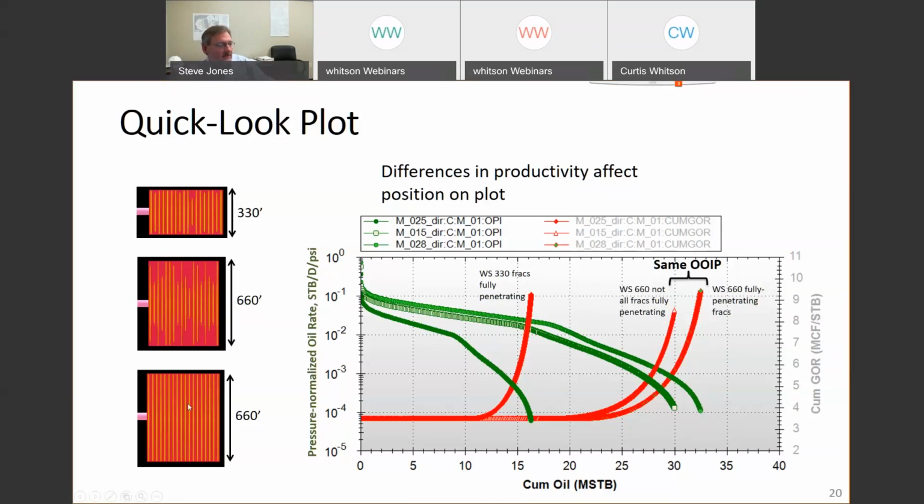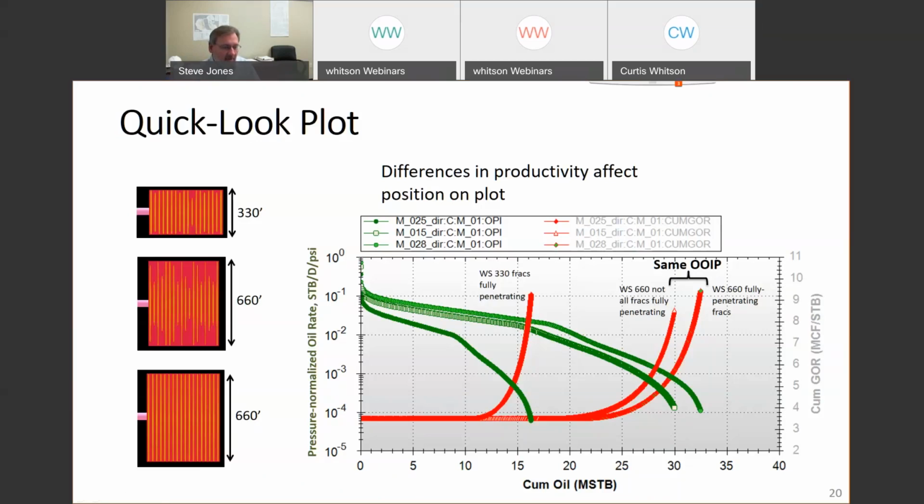So you can see that the fully penetrating fracs case has a higher productivity to begin with, and then curves down at a higher cum oil out here at the end, simply because you're accessing that oil in place more efficiently than you are with the case that doesn't have the fracs completely penetrating. So you can't just look at these plots, which I'm calling quick look plots, and say that they always scale with oil in place.